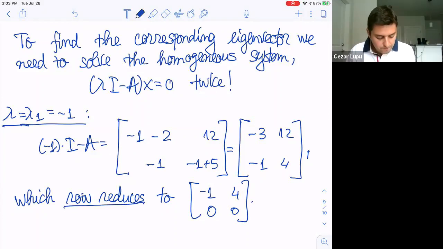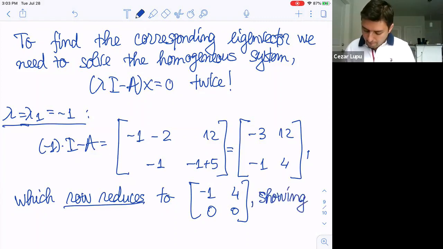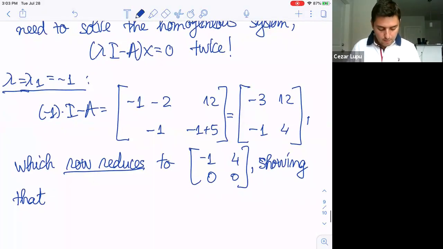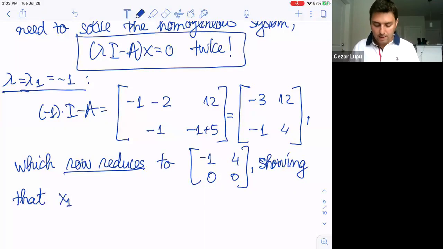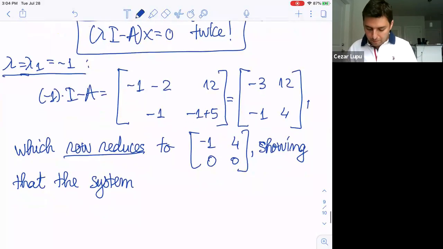And this will reduce to this matrix, showing that once you solve this system, the system -1 times the identity minus A times x equals 0 has the following solution.